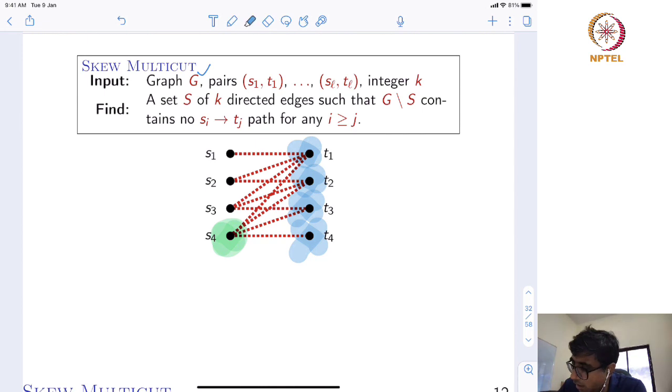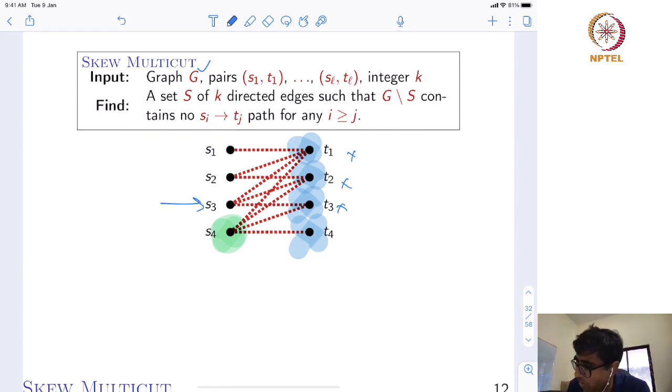Similarly, S3 should not have a path to T3, T2, T1, but S3 could have a path to T4. So basically, SI should not have a directed path to any TI whose index is lesser or equal to that of SI, but it doesn't care about killing paths to higher-indexed terminals. That's an important point.